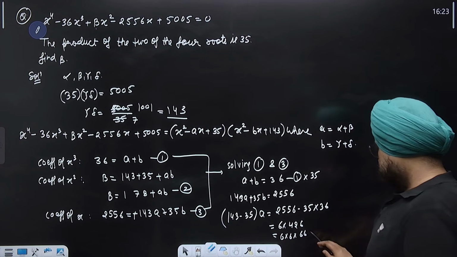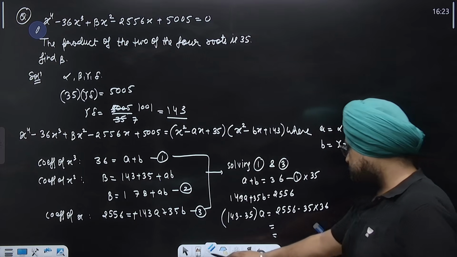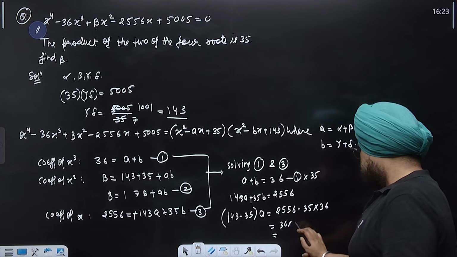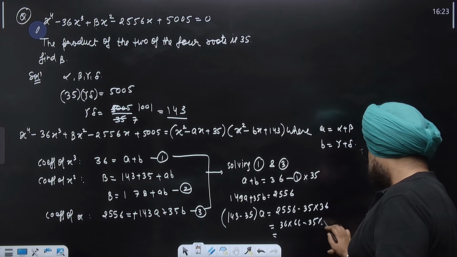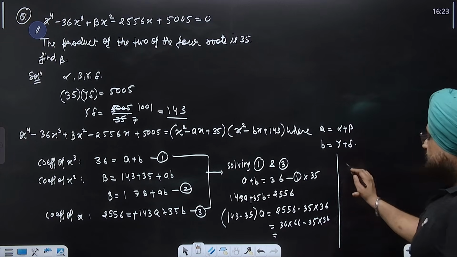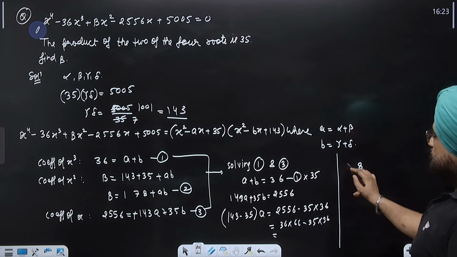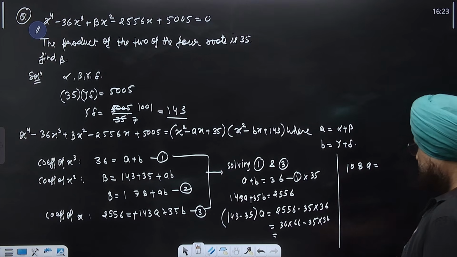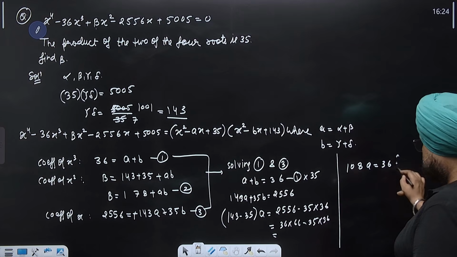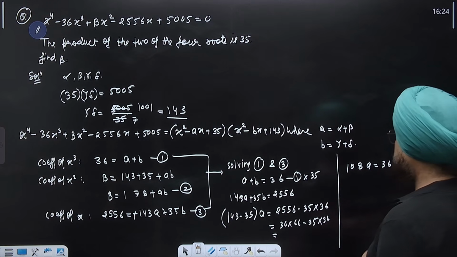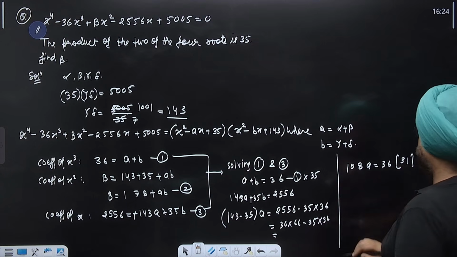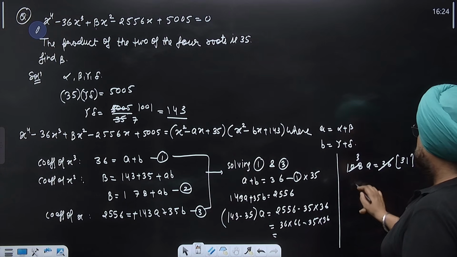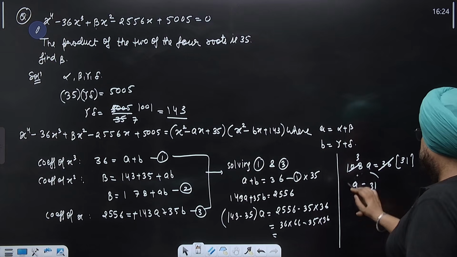So this equation is 36 into 66. 108a is equal to 36 into 66 minus 35, 31. So a is equal to 31 by 3.